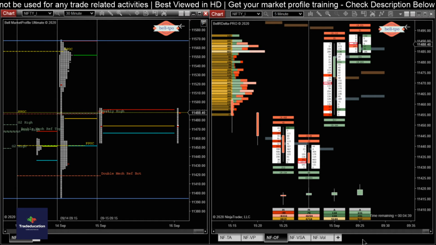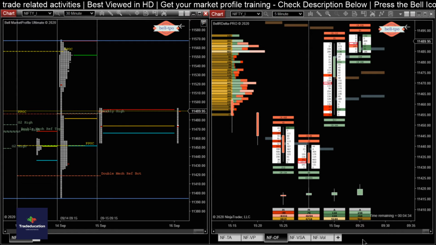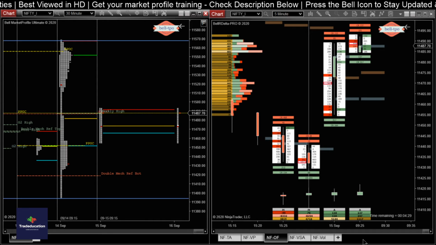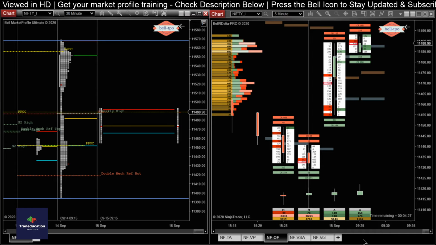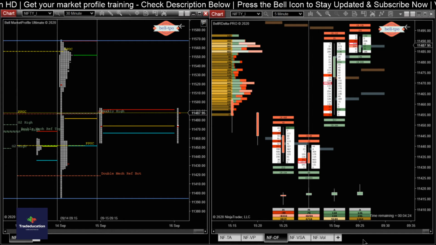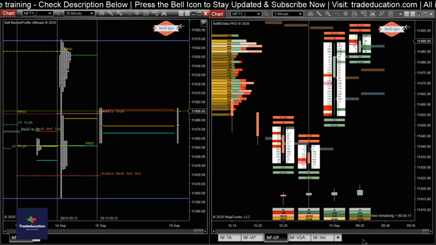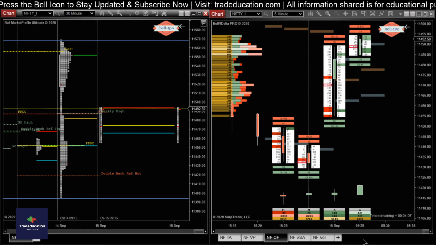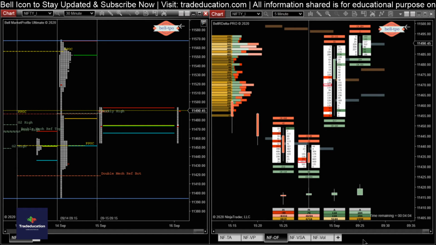So let's just observe how the auction is developing, because we are now in a single print zone. Momentum players are stepping in now.